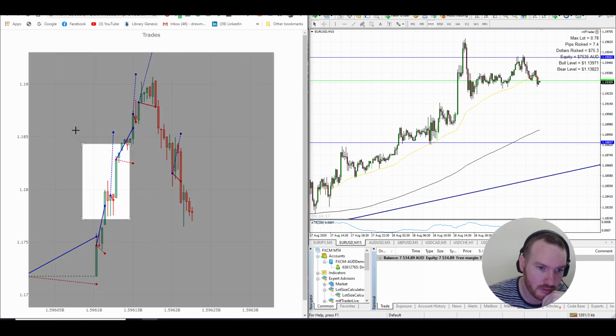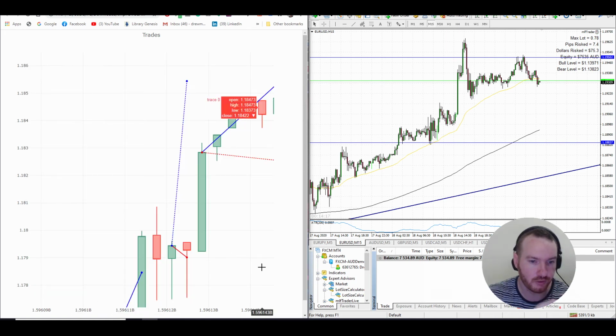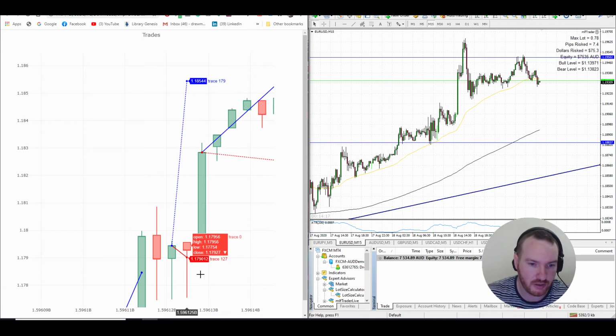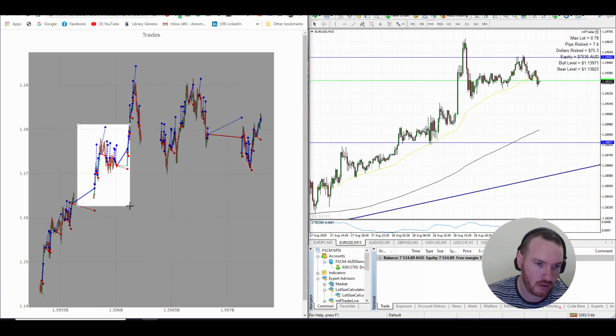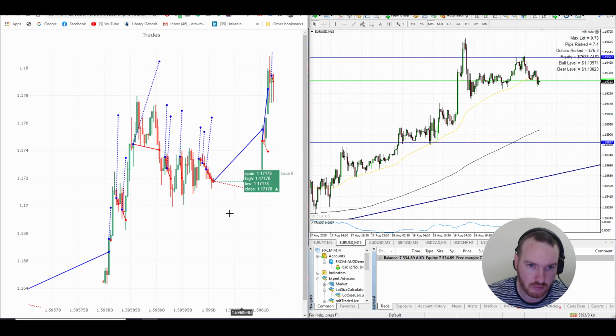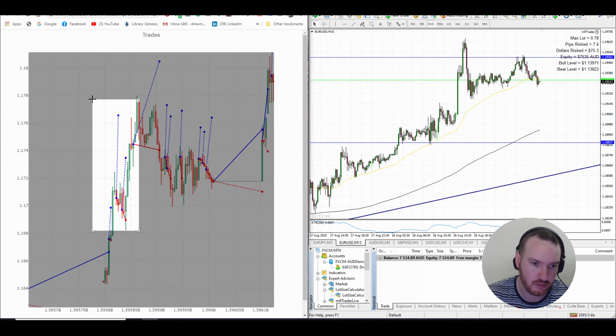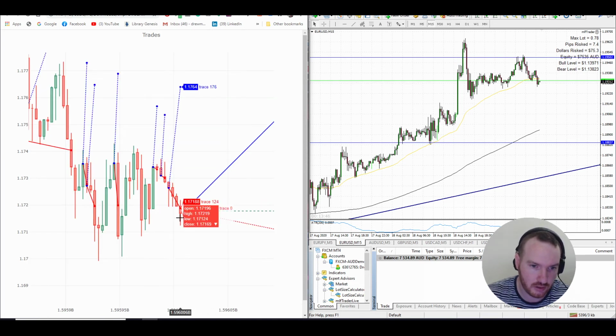This one here, you could definitely have argued that that would have been a winner if you extended it out a little bit. Same with this trade here. These trades right there, you know, a couple of these here, there's possibilities for that to have been winning trades.